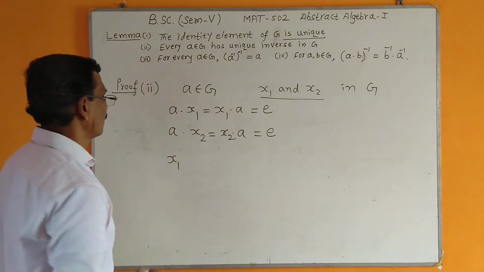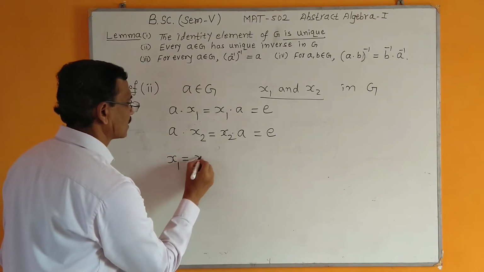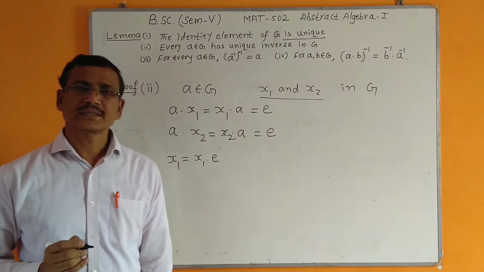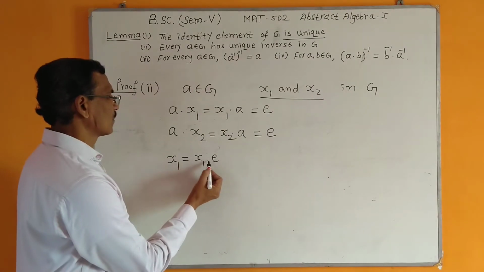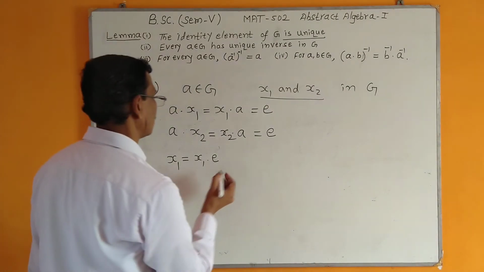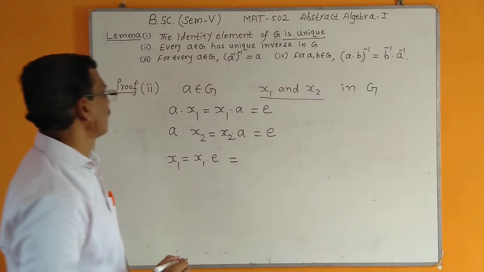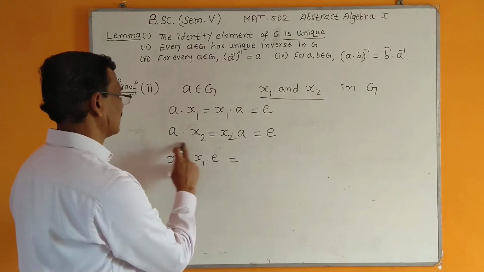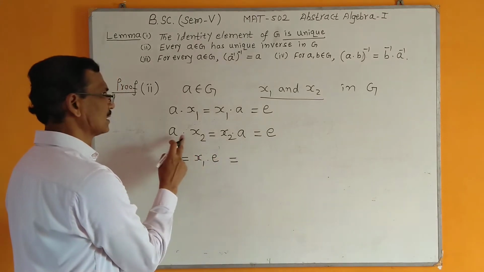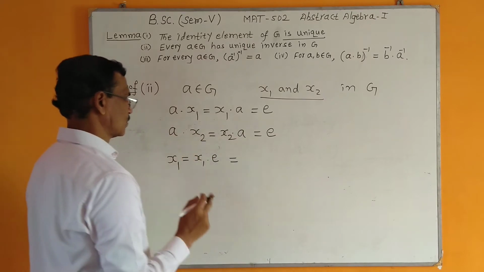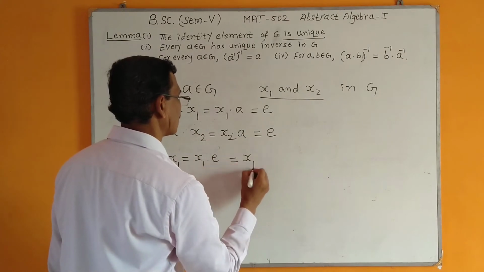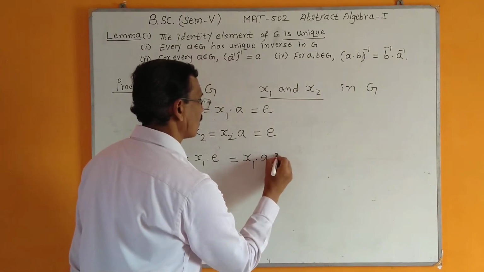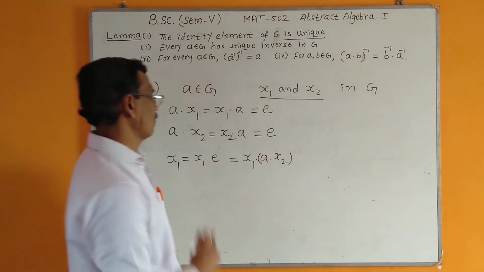Now consider x1. This x1 can be written as x1 · e, since e is the identity element. Now, the value of e from this equation is e is equal to a · x2, so I am putting x1 · e as x1 · (a · x2).